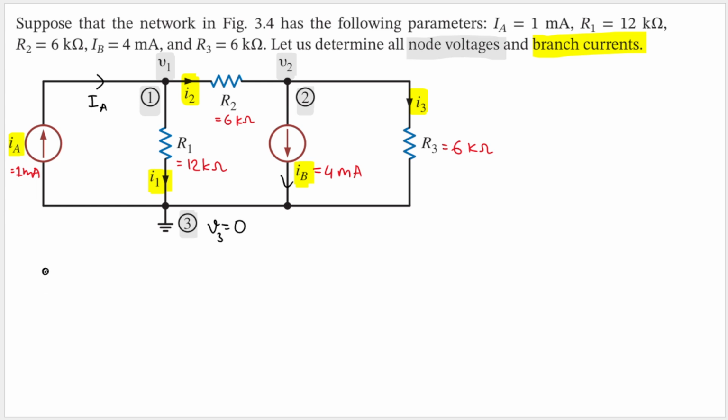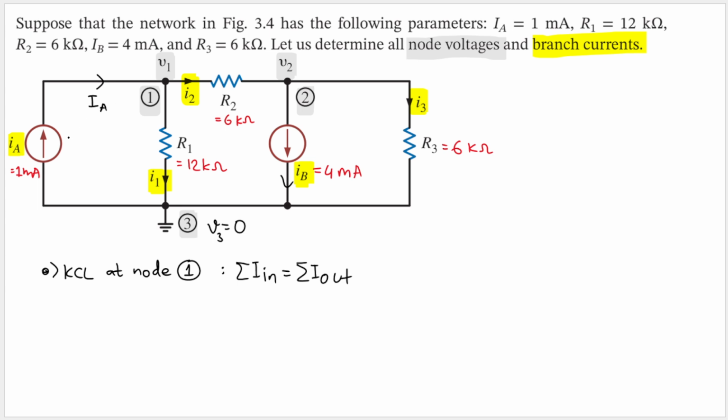So let's do exactly that. KCL at node 1. Okay, what does KCL say? KCL said that the sum of the current that goes in is equal to the sum of the currents that goes out. So we write it like this. Okay, let's see the node 1 here.